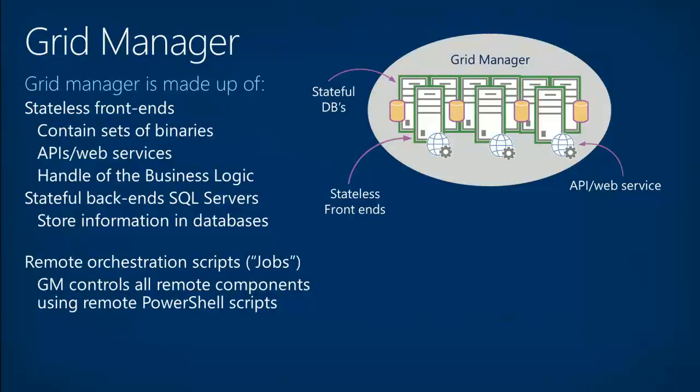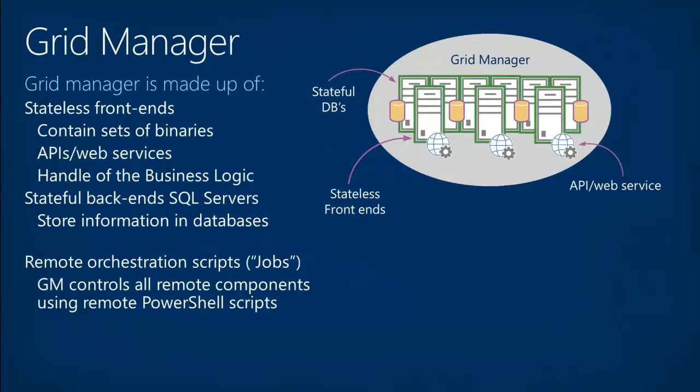So let me talk about Grid Manager for a second. Like I said earlier, Grid Manager is the brain for all the automation that we do at cloud scale in SharePoint Online. We have one instance of it. It's comprised of two layers. First of all, there's the layer of the stateless web front ends, or grid front ends, or whatever you want to call them.